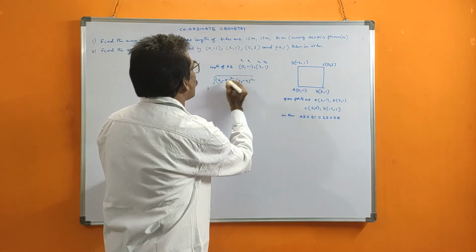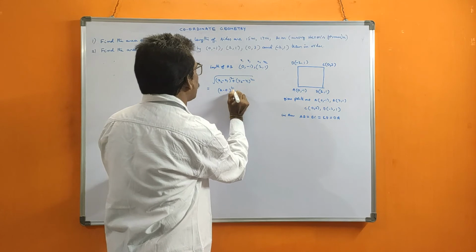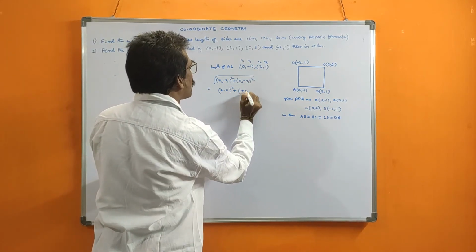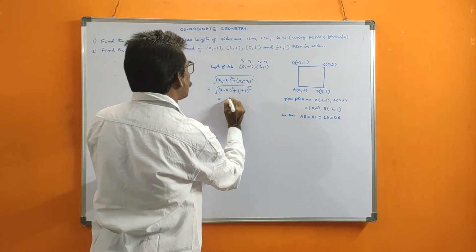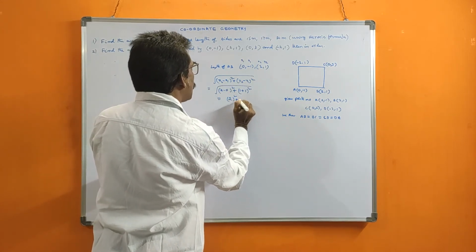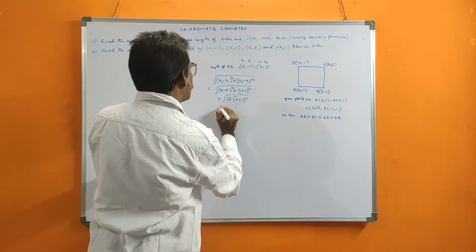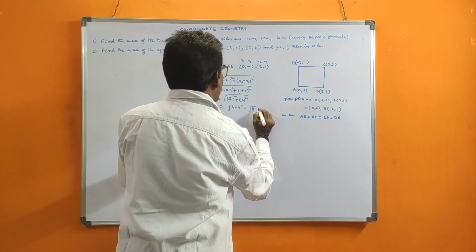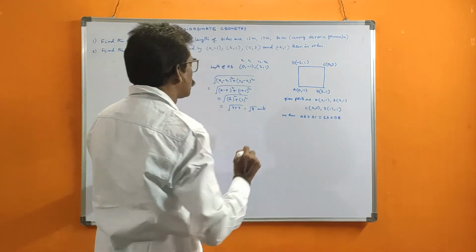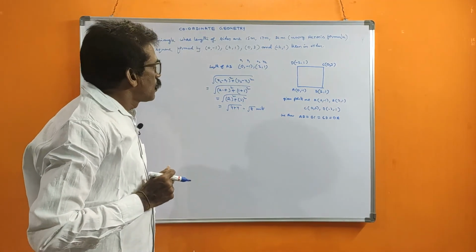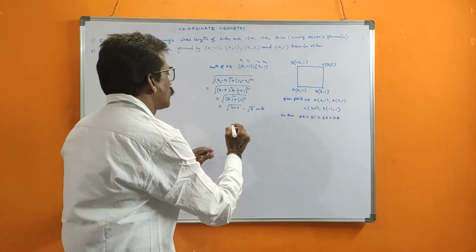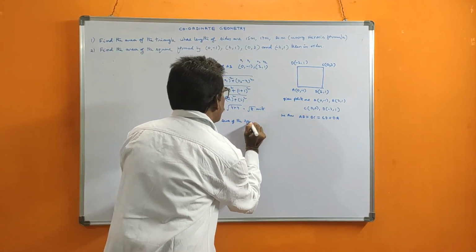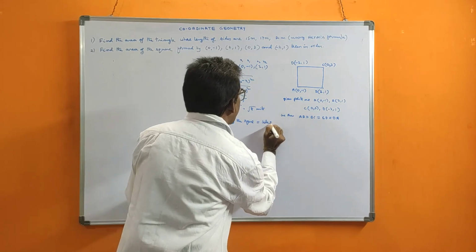Okay, x2 is 2 minus 0 whole square plus y2 is 1 minus of minus 1, plus 1. Now 2 minus 0 is 2 only, square, plus this is 2 square. Now this is root of 4 plus 4, that is root of 8 units. So the length is root 8 units. Therefore the area of the square is equal to side into side.